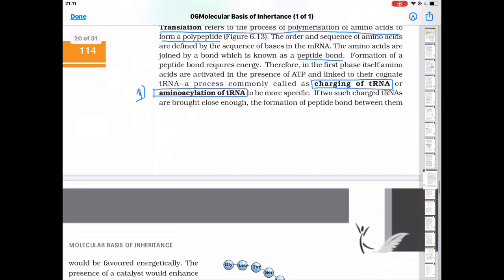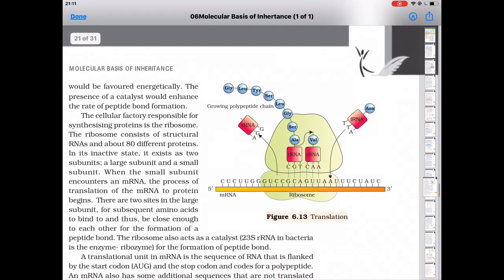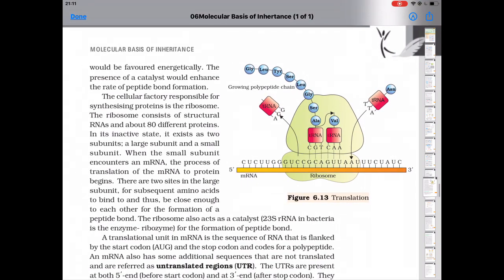In this, tRNA picks up amino acids present in the cytoplasm and carries them to the ribosome. The amino acids are attached to the tRNA by an aminoacyl bond. This attachment requires activation of the amino acid, which is done with the help of ATP.